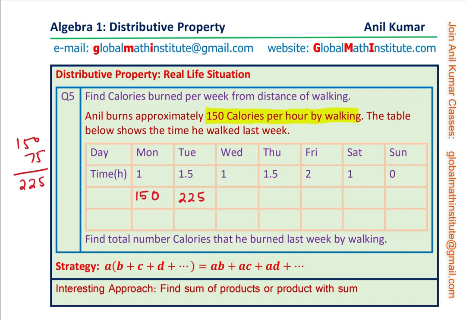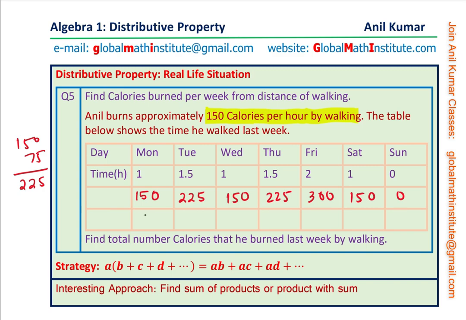How to work with numbers is also a very important thing. Okay, 225 calories, and this is 150. And for 2 hours, I calculated twice is 300. Great job. And this one again we burn 150, and 0 calories on Sunday. So what I've done here is multiply each with 150, so I know this is the total calories burned.